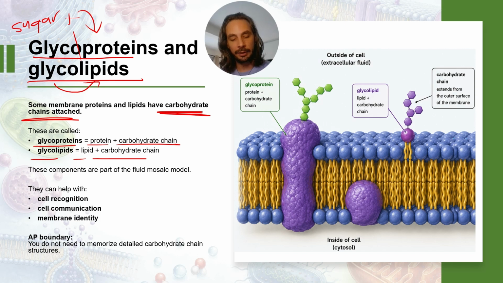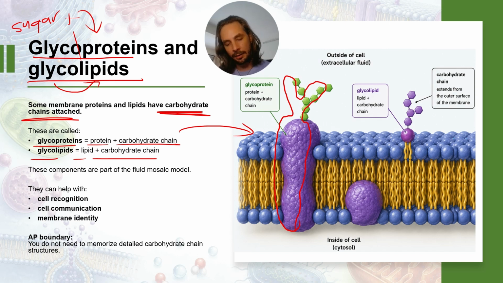Glycolipids is a lipid and a carbohydrate chain. So this is a glycoprotein because it's a protein and it has attached a carbohydrate chain. And then over here, we have a glycolipid because it is a lipid and a carbohydrate chain.